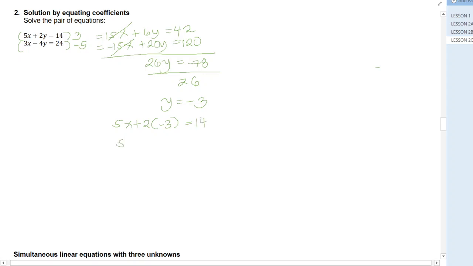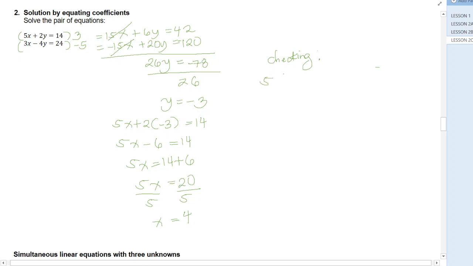So simplifying that further, it will give us 5x minus 6 is equal to 14. Okay, transposing negative 6, that is 14 plus 6. Okay, that is 5x is equal to, of course, 20. And then divide both sides by 5 so that we may be able to get x there, and that is equal to 4.